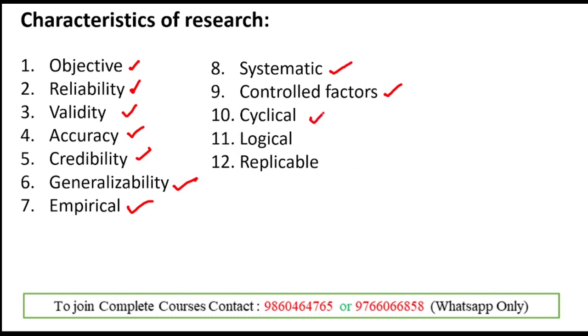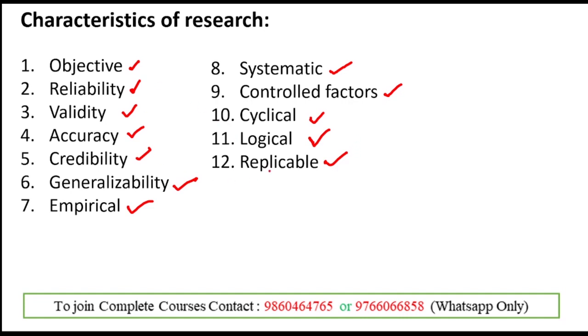And cyclical: research is conducted in a cyclical, circular procedure. Then logical: the logical and analytical viewpoint is very important for research. And then replicable: when the research is repeated a number of times, the result must be the same.